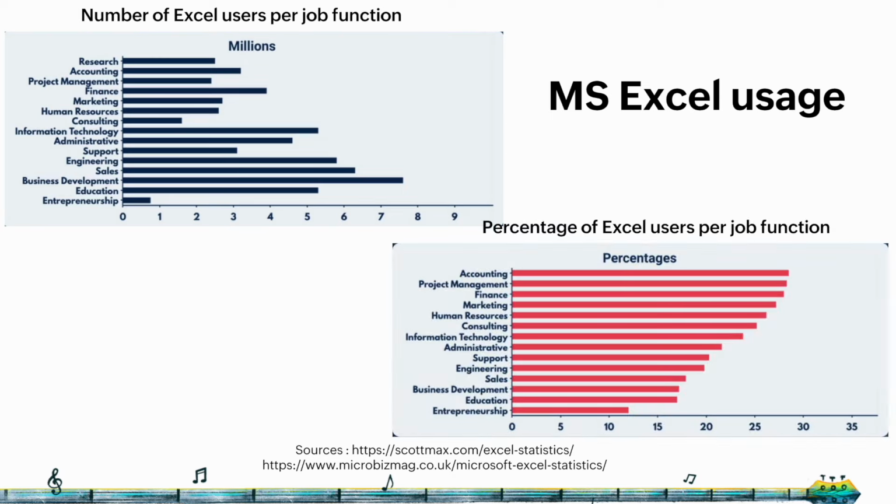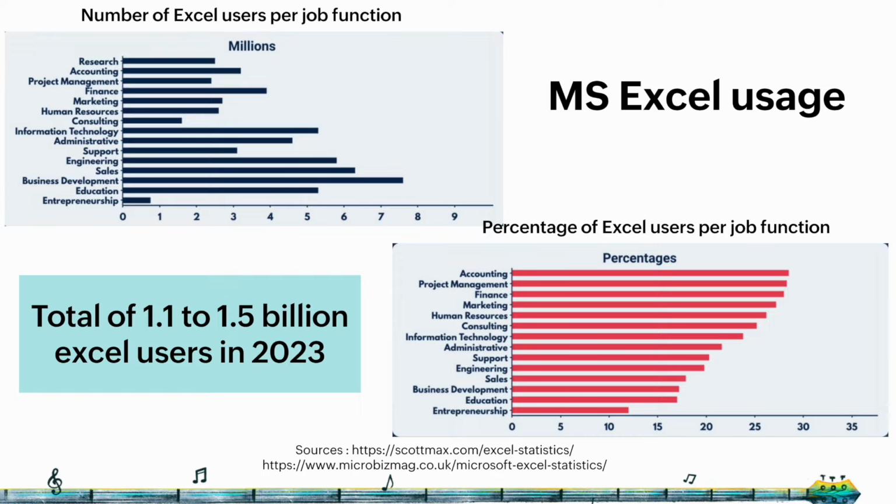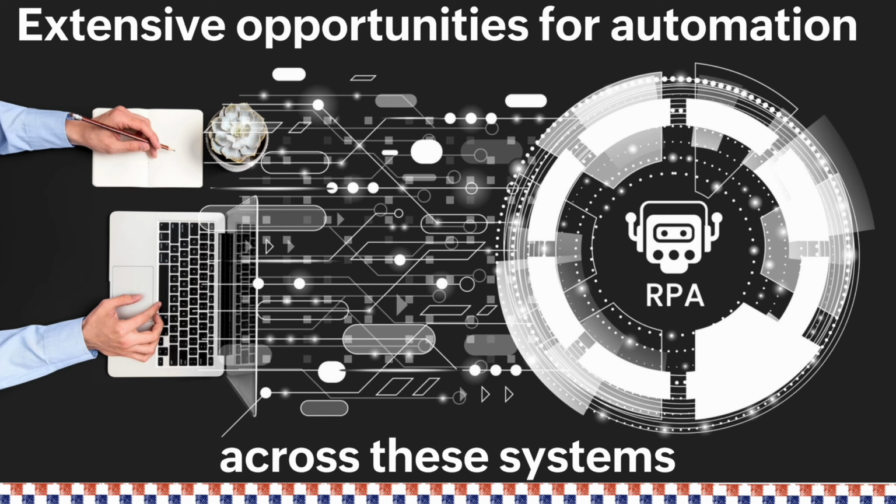About 30% of their daily usage, but still people are using Excel. And overall, as of 2023, total Excel users are 1.1 to 1.5 billion. I'm not even talking about millions. So when Microsoft OS and Excel have so much usage, we have a lot of scope for automation. There are extensive opportunities which we don't want to miss.